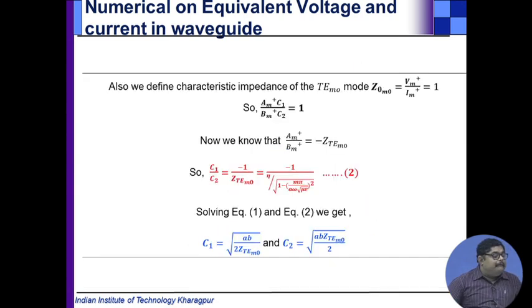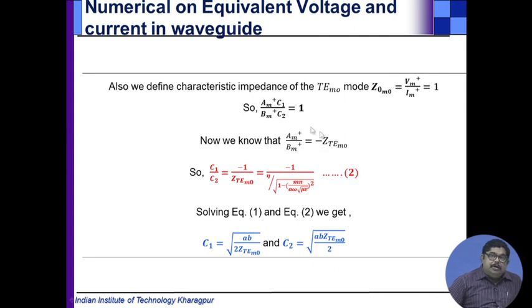Then the next part is impedance equivalence. So, impedance is Vm plus by Im plus. We said we had two choices, either to make it equal to TM0 mode wave impedance or equal to 1. We are taking the second one, let us say that this is equal to 1. Now, Am plus and Bm plus, their relationship is by ZTM0.